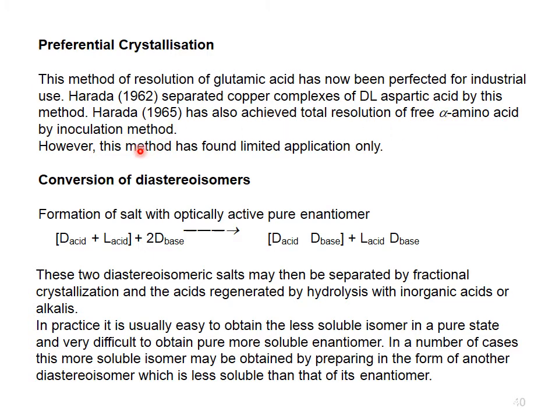In practice, it is usually easy to obtain the less soluble isomer in a pure state and very difficult to obtain pure more soluble enantiomer. In a number of cases, this more soluble isomer may be obtained by preparing in the form of another diastereomer which is less soluble than that of its enantiomers.